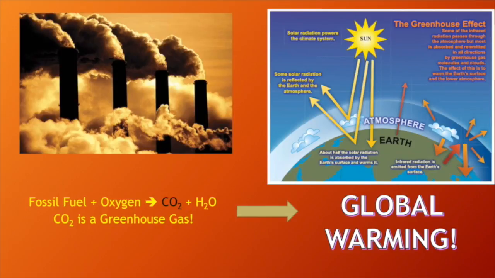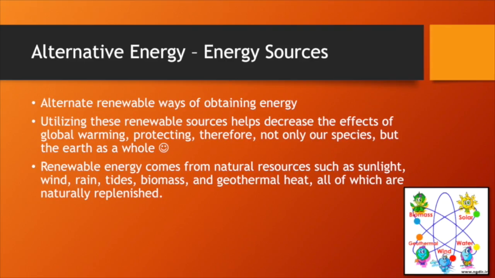Because of this, it has been of extreme importance to engineers and scientists to look for alternate forms to obtain useful energy. In response to that, we have managed to discover and use what we know as alternative energy or alternative energy sources. So this is basically an alternate renewable way of obtaining energy.